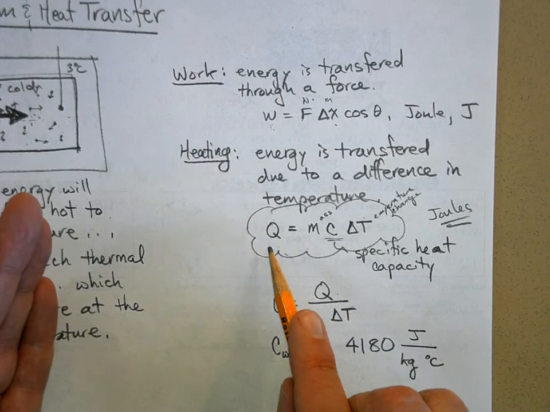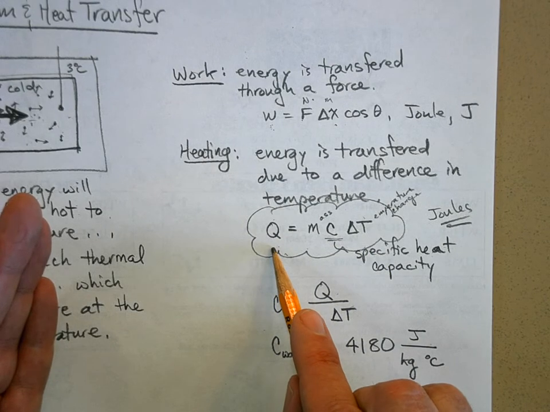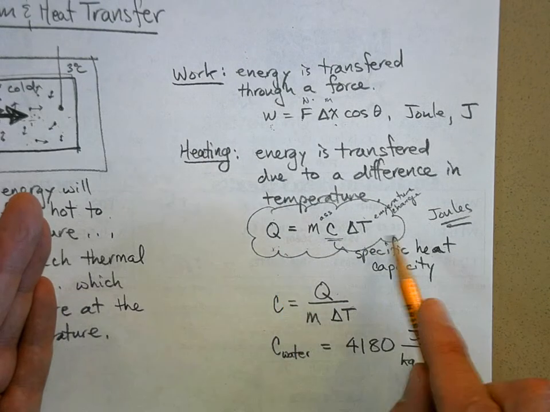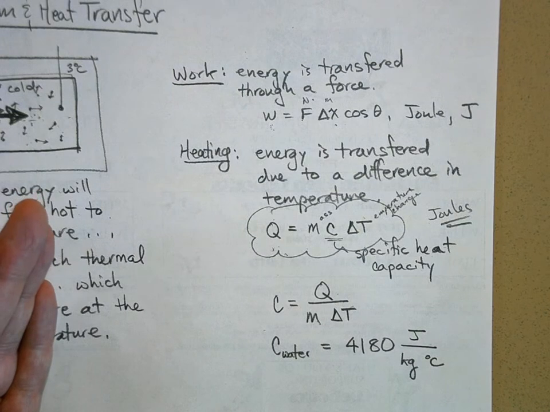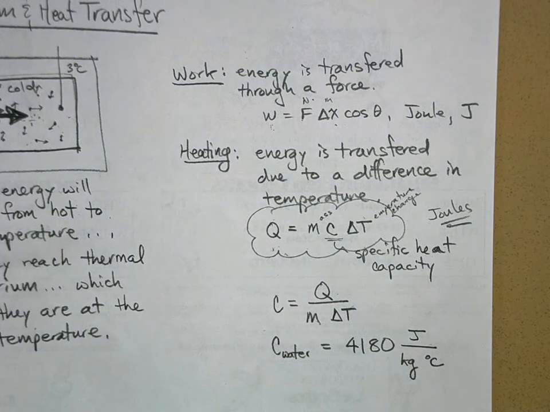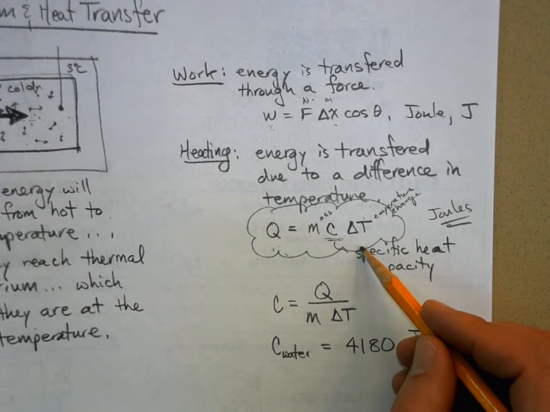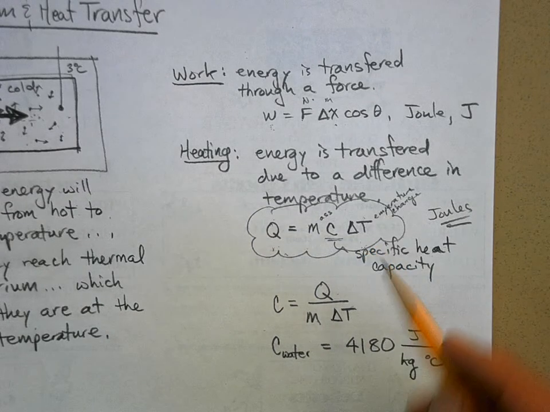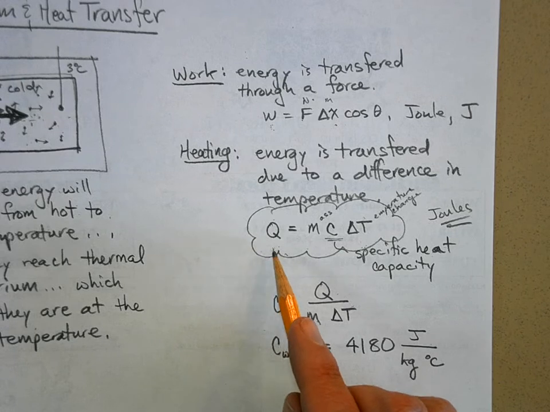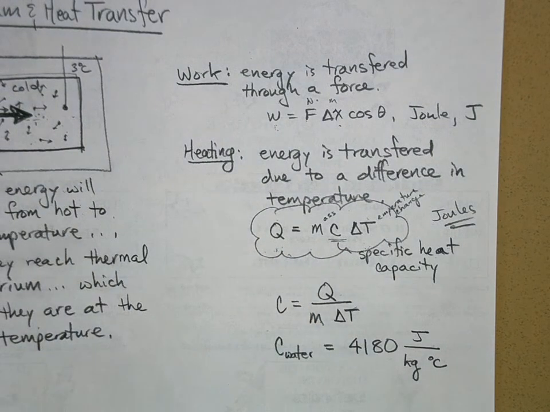And so we say if Q is positive, we're increasing the temperature. But if we take thermal energy away, the final temperature will be lower than the initial temperature, so delta T will be negative, and we'll say that that's negative Q. Negative Q means we're cooling something off. We're taking thermal energy away.